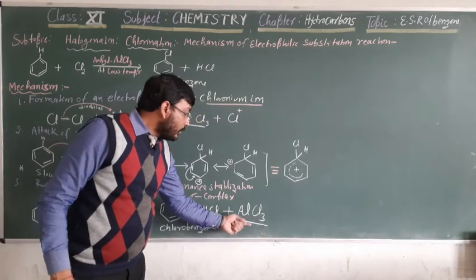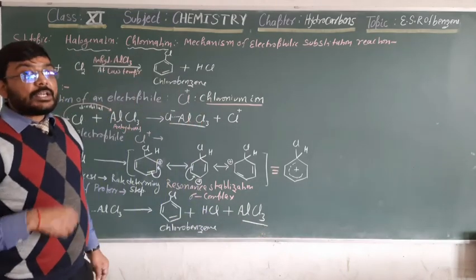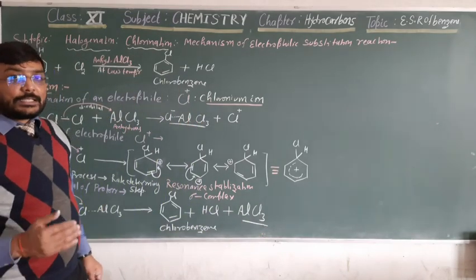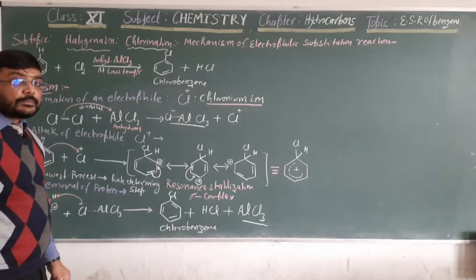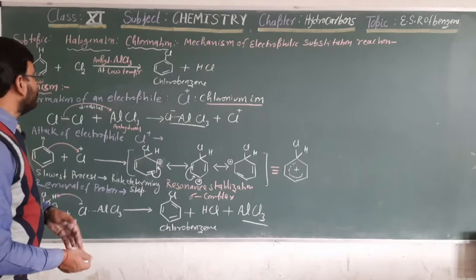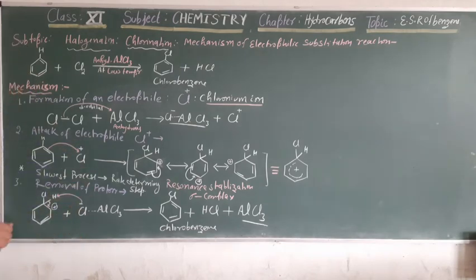So AlCl3 is not consumed in this reaction, it acts as a catalyst in this reaction. Clear? So note it down, then I will come with the new process, that is alkylation, Friedel-Crafts alkylation. Note it down.